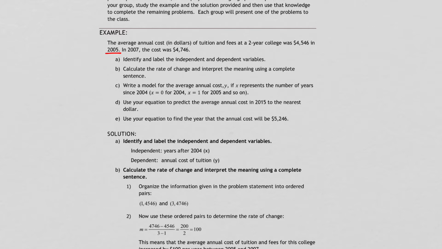So in this case, it's letting x be 0 when it's 2004. And then it says the dependent variable would be the cost.